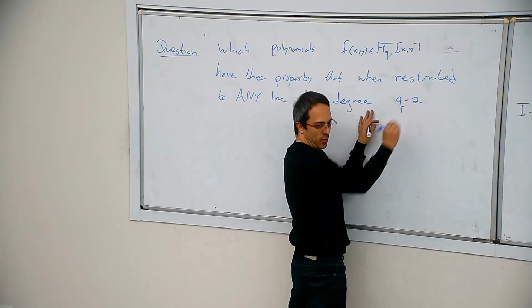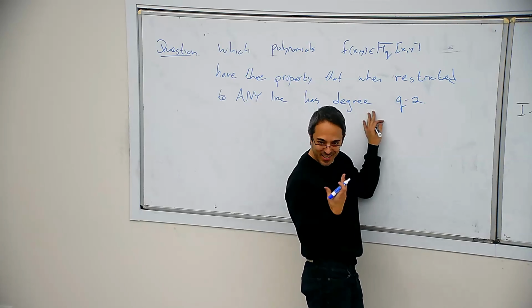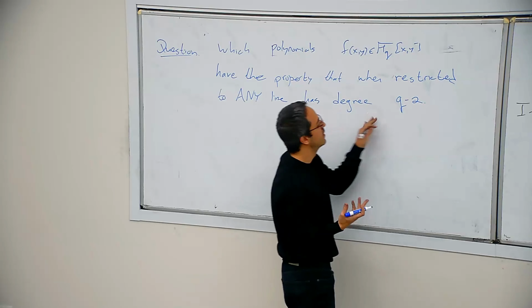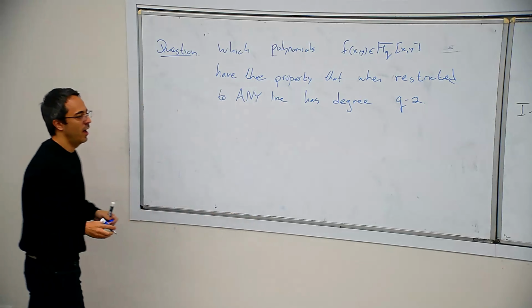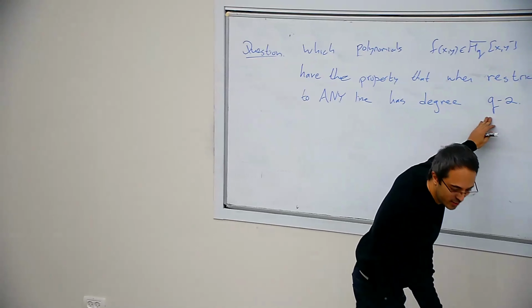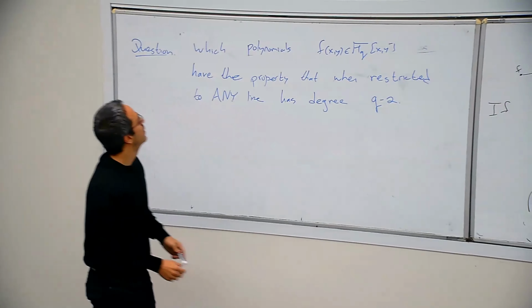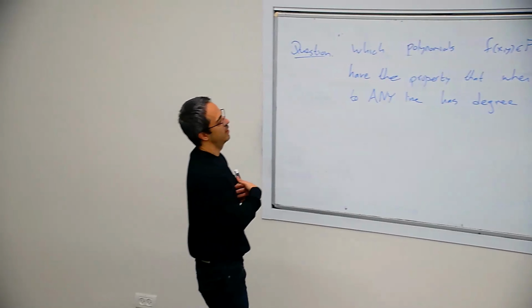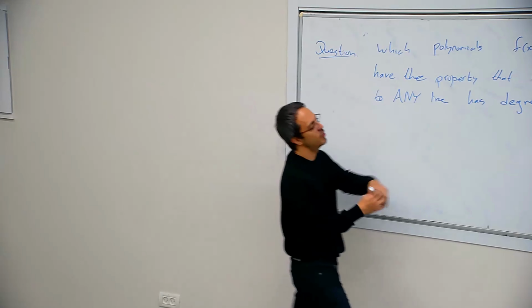Because Q minus 1 is obvious, Q minus 2 is something interesting. A general function won't have degree less than Q minus 1. And of course, all polynomials of total degree at most Q minus 2 have this property.